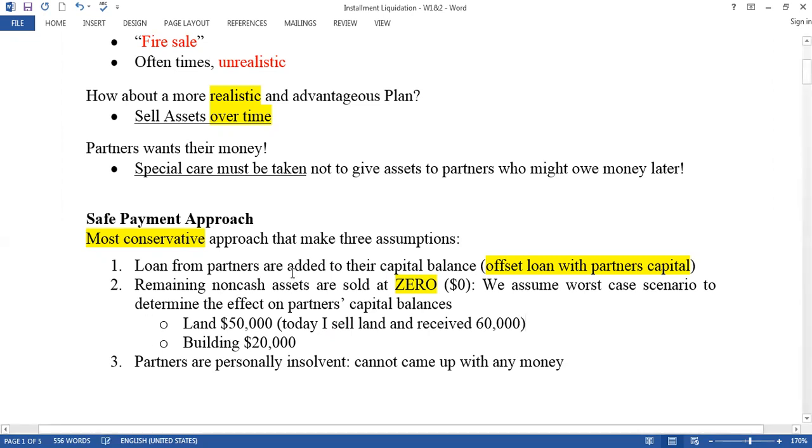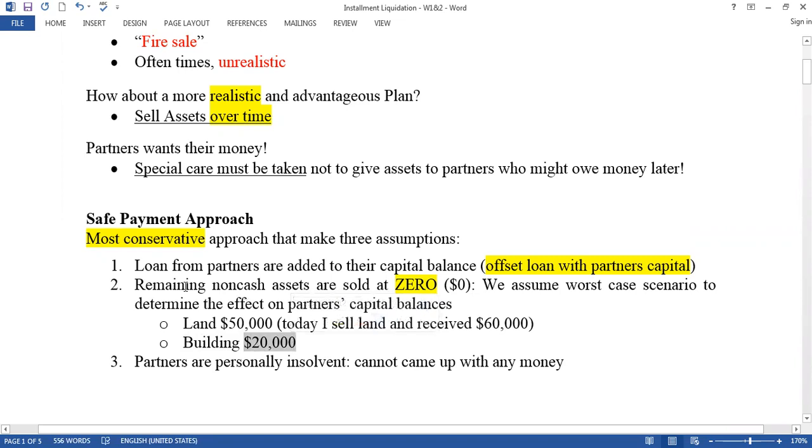So I have a gain here, right? The book value of the land is $50,000. I sell this land and receive $60,000 from the market. So I have a gain, and this gain is going to be distributed to the partners' capital. You know that. Now I have a remaining asset. Which one is remaining? The building, right? And the value of the building is $20,000.